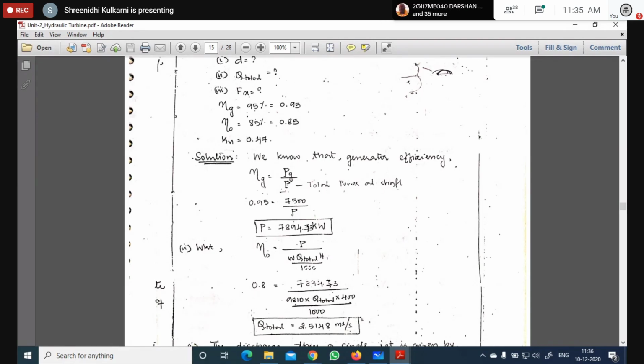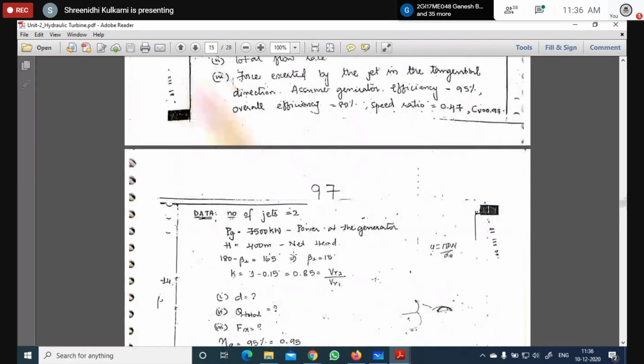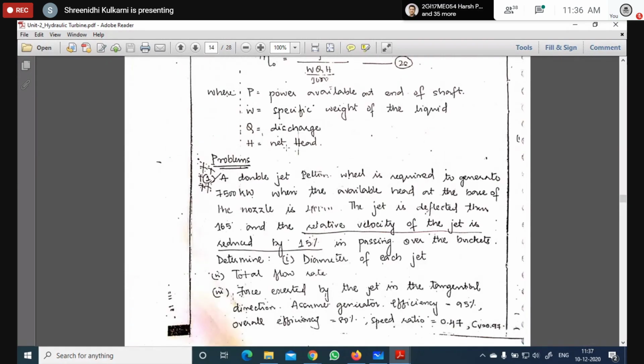So we have to find the total discharge. Here I have written Q total because we have to find the total flow rate. Why is it the total flow rate? Because the number of jets is 2. We have a double jet Pelton wheel.